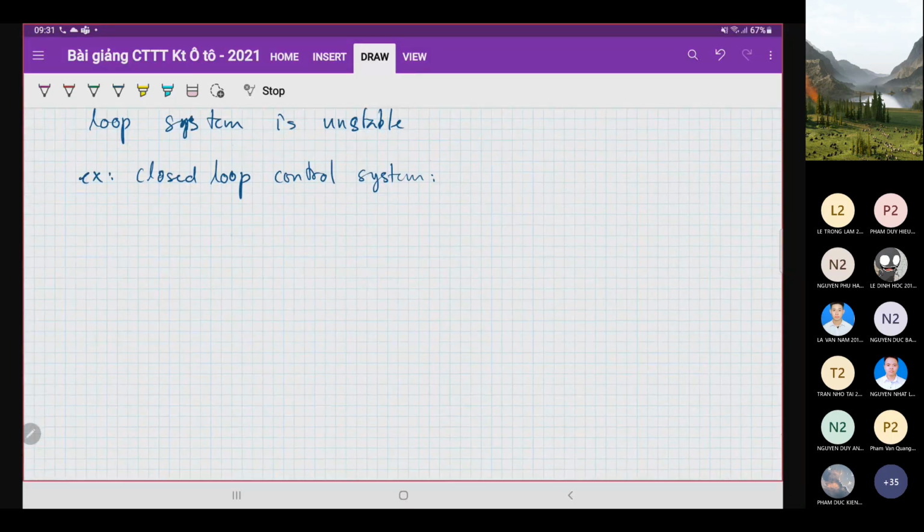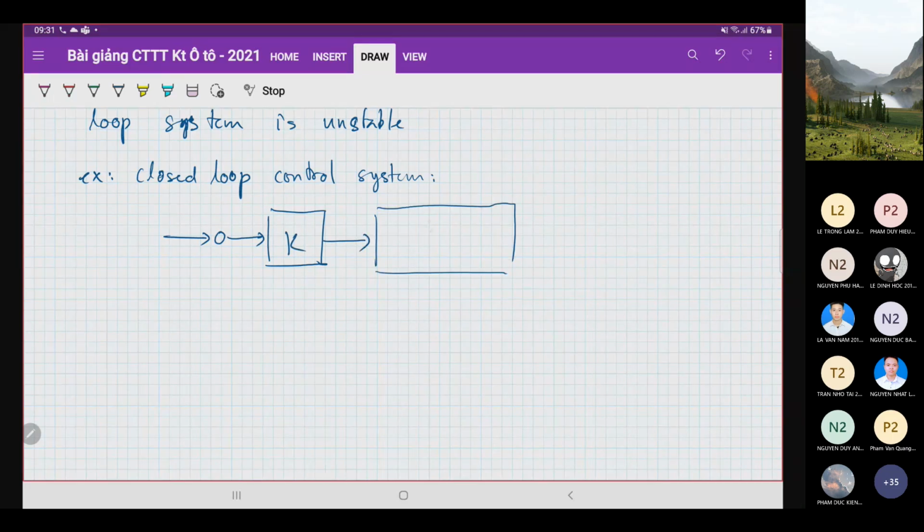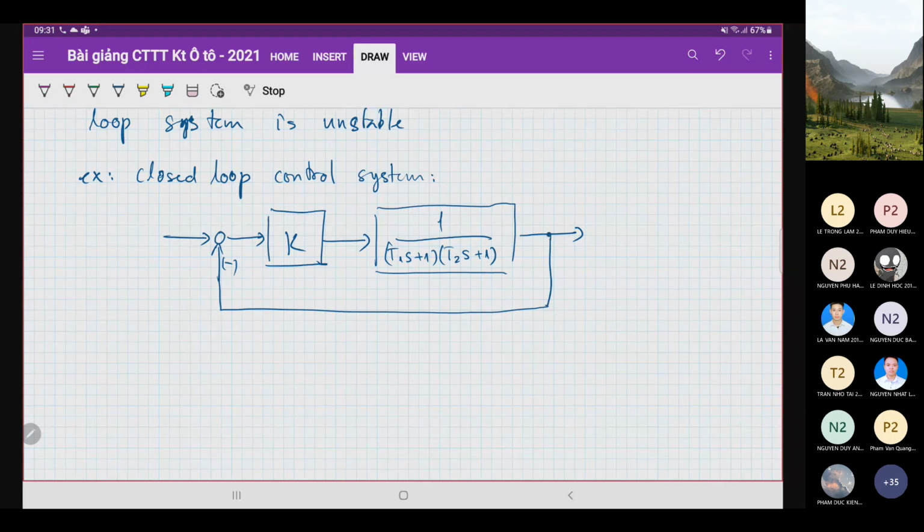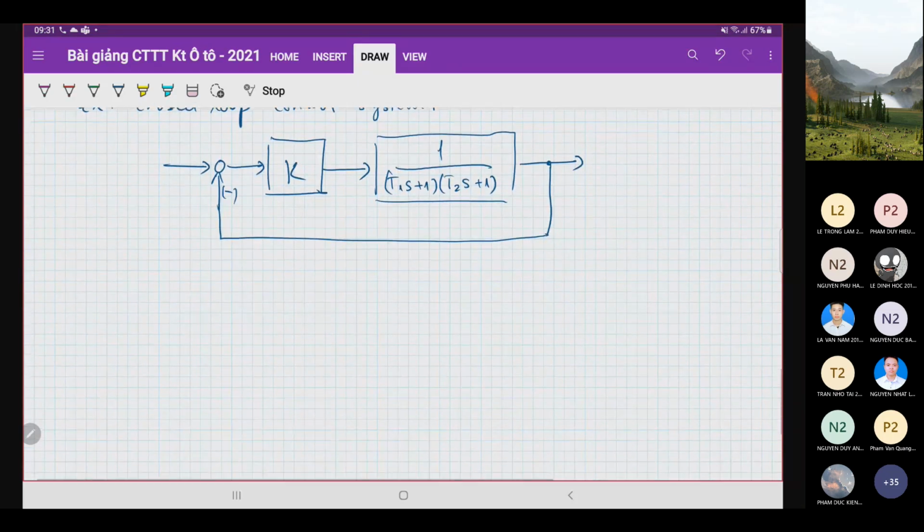Okay, we have here the same case that we used for the root locus. And here we have G(s) equal to 1 over (T1 s plus 1)(T2 s plus 1), for example.